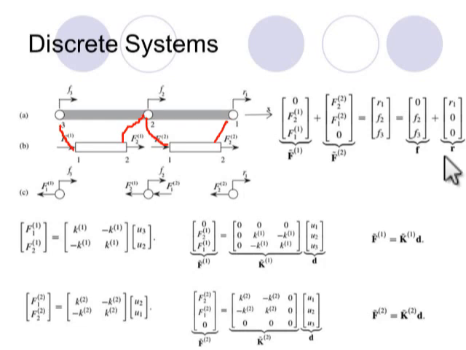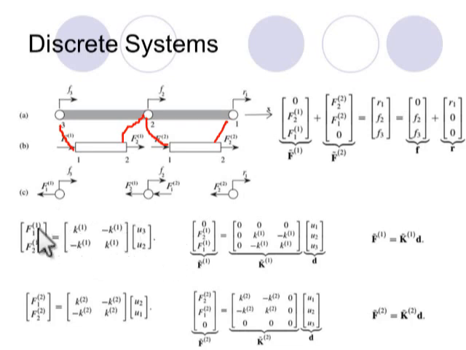Okay, now we have the system of equations, right? F and R, sum of the forces. And we have the force vectors for each element. Now we know that, for example, for element 1, we can write the relationship between the forces and displacements as seen in this expression.